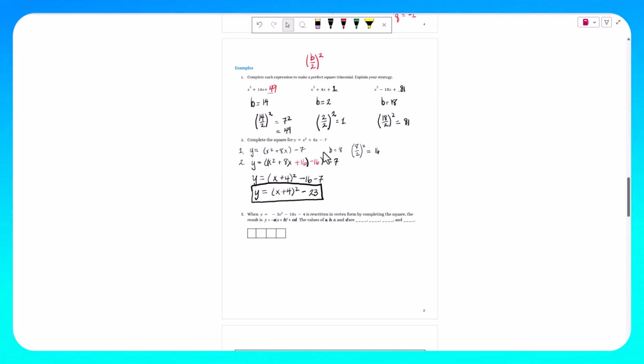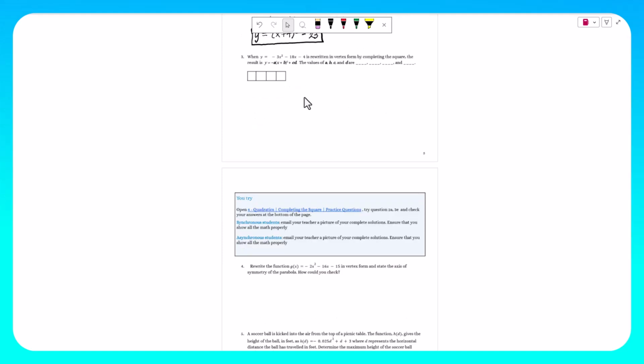Now this one is presented to you like a numeric response question. When y equals negative 3x squared minus 18x minus 4 is written in the form by completing the square, the result is y equals, and it says it's going to be a negative a, so that gives us some information.